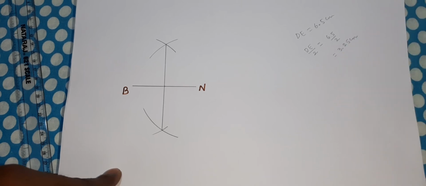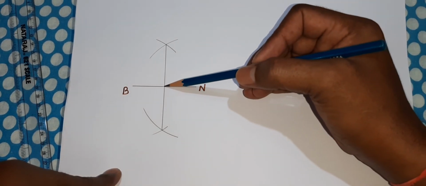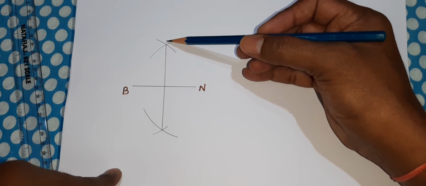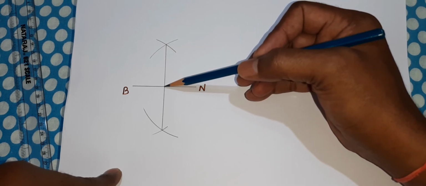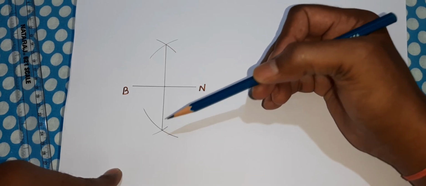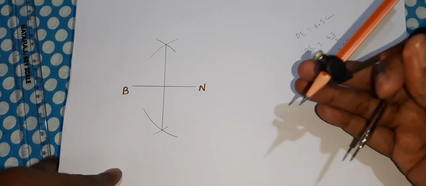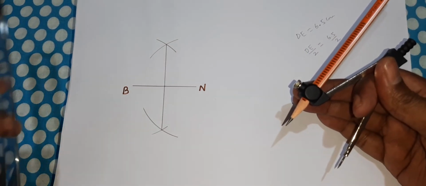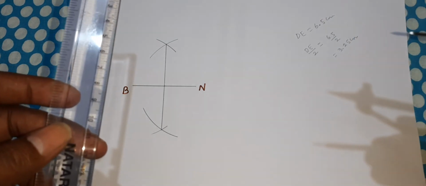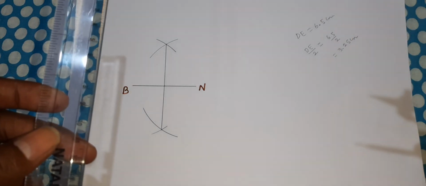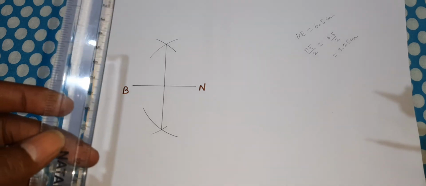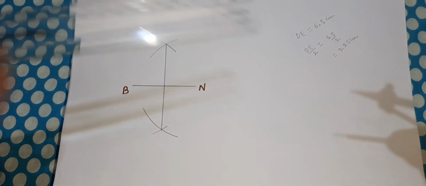From this midpoint, take 3.25 centimeter above the line segment and below the line segment. Using the compass, take 3.25 on the scale. On the scale it will show only 3.2; between 3.2 and 3.3 you can take the measurement.